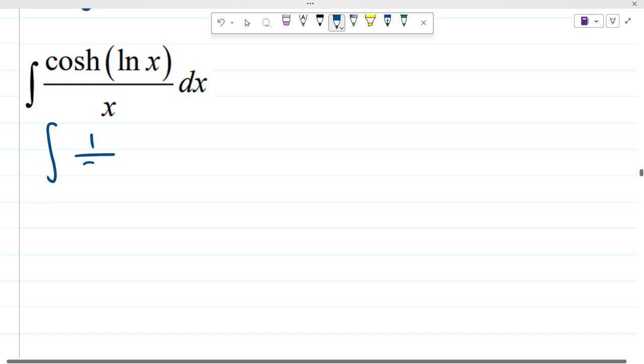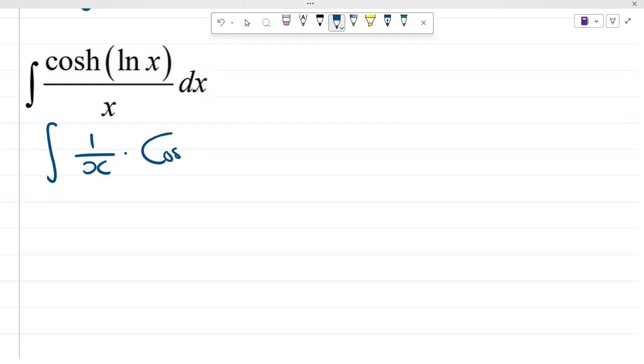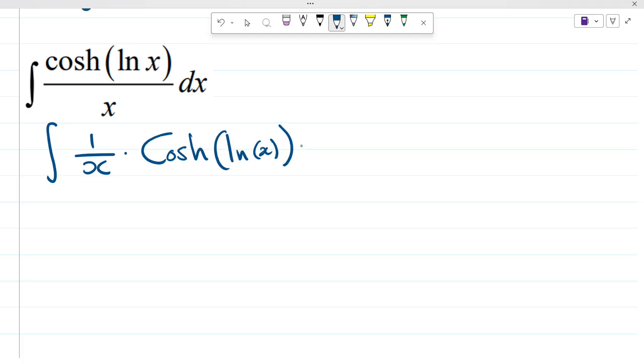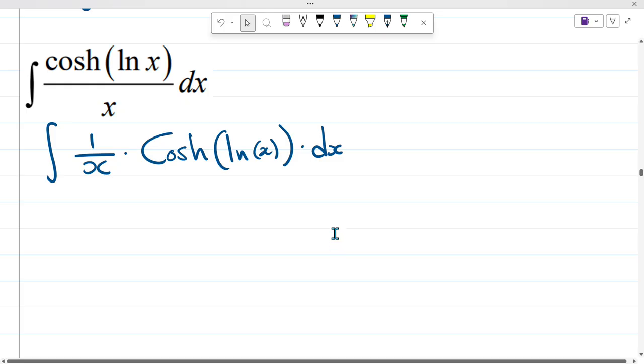So here I'm just going to say 1 over x multiplied by hyperbolic cos of ln of x dx.